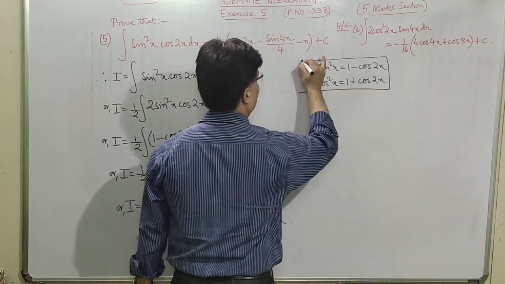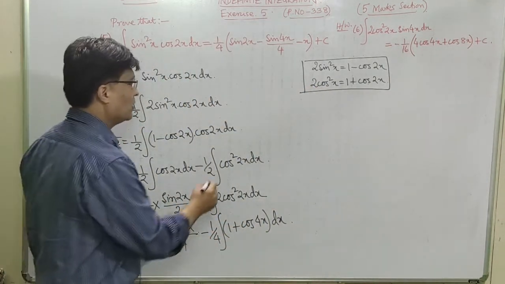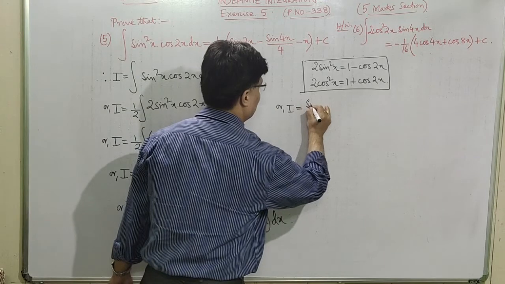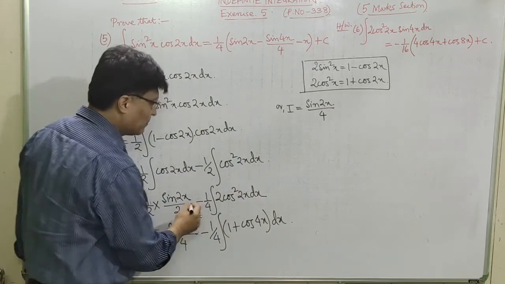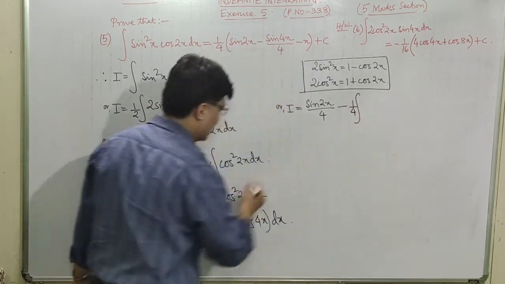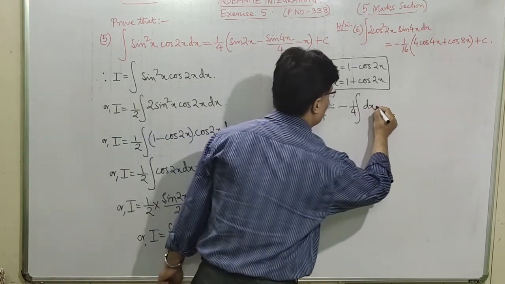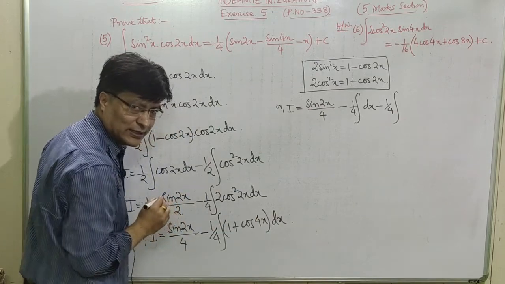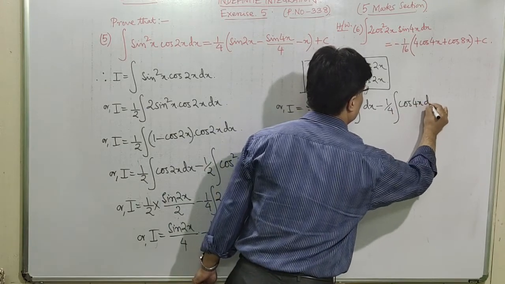So we are using this formula here. Now let us separate the terms. I is equal to sin 2x by 4, then let us multiply it, minus 1/4, 1 into dx is dx. Then minus into plus, minus 1/4 integration of cos 4x dx. Is that clear?